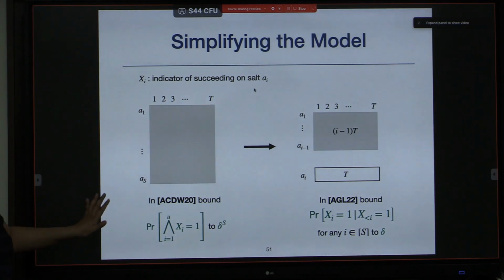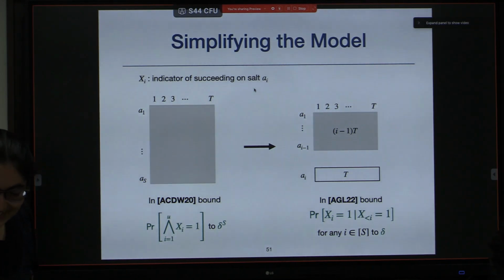Sometimes they are very unintuitive. Does anyone know compression based proofs? Okay, I think I'll skip it then. If anybody is interested, you can ask me offline.